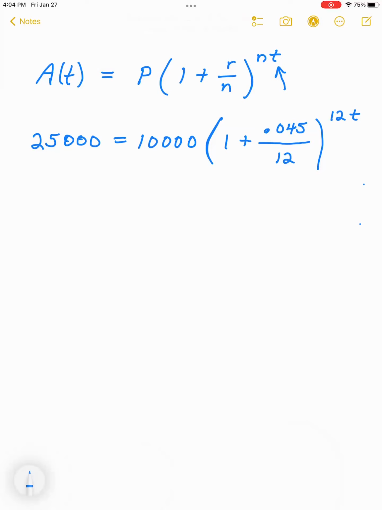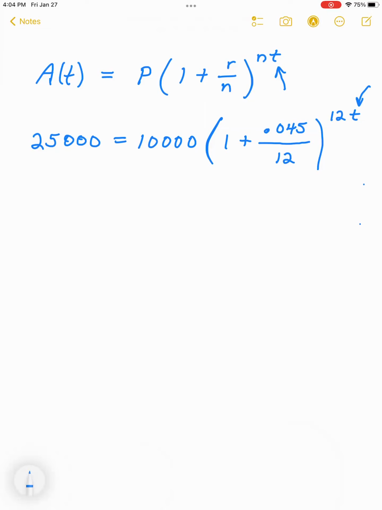The next thing I want to think about is the type of equation that this is. I'm trying to solve for the t, and notice the t is up there in the exponent. When your variable is in the exponent, you know that you've got an exponential equation.